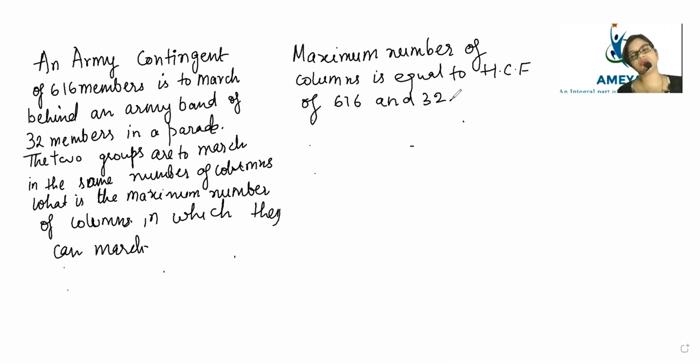So the maximum number of columns is equal to the HCF of 616, that is the number of members, and 32. So what you have to do now is use Euclid's division lemma.